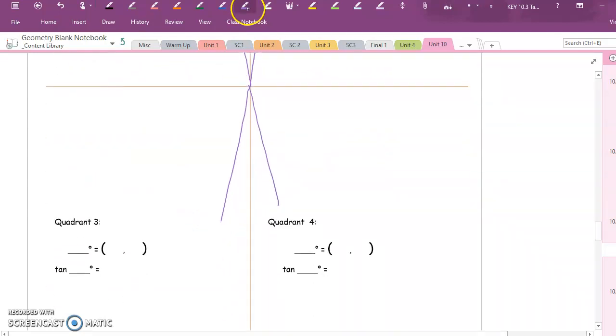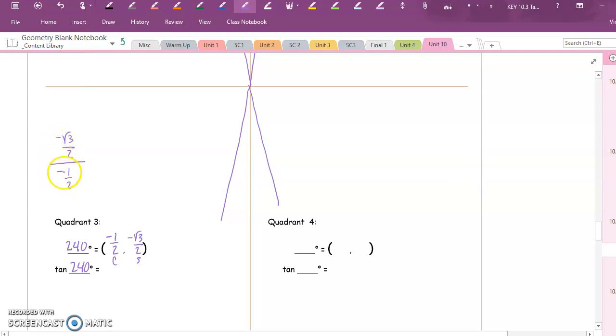Down below in quadrant 3, we do 180 plus 60, and we're at 240. So 240 degrees references my 60-degree angle. In quadrant 3, it's negative negative, so we have negative 1/2 comma negative square root 3 over 2. Cosine comma sine, so we're going to take negative square root 3 over 2 all over negative 1/2.